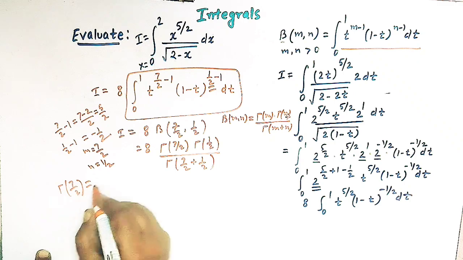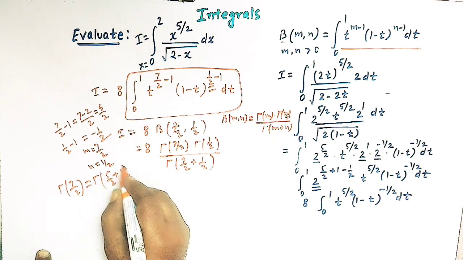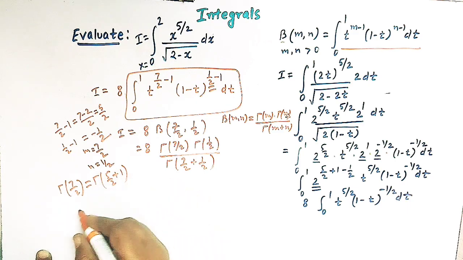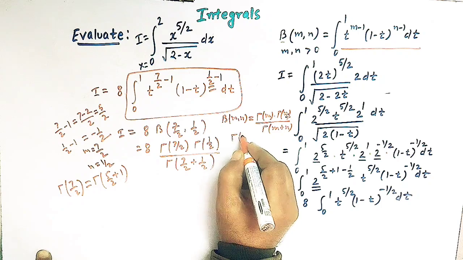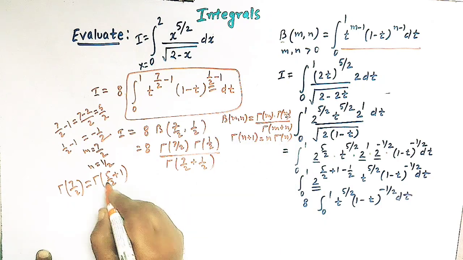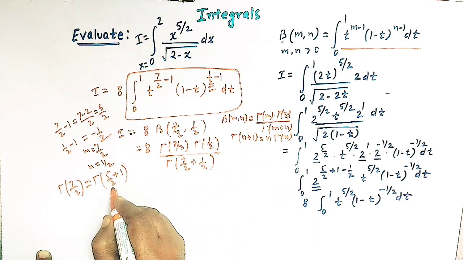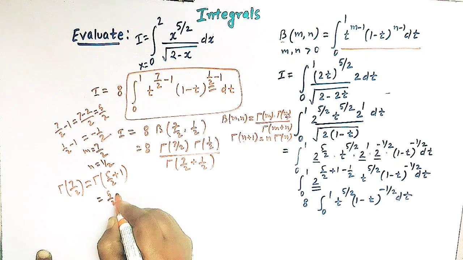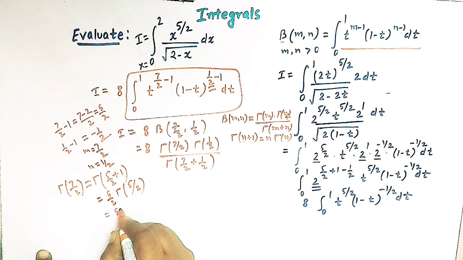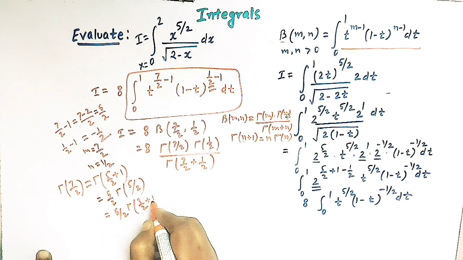Okay, so now let us find out the value of gamma 7 over 2. Now gamma 7 over 2 can be written as gamma of 5 over 2 plus 1. And here we'll again make use of an important result, that is gamma of n plus 1 is given by n times gamma n. So here the value of n is 5 over 2. So we can now write 5 over 2 times gamma of 5 over 2. And again we can split 5 over 2 as 3 by 2 plus 1.